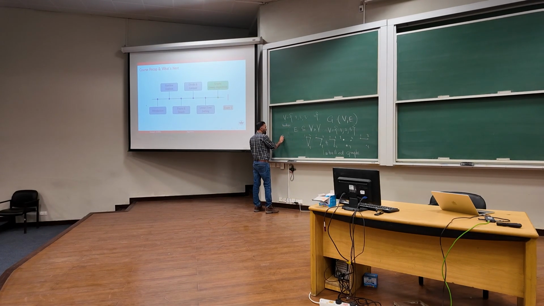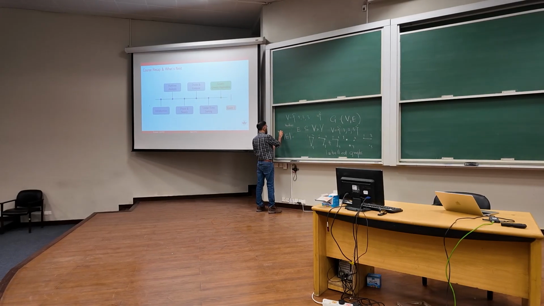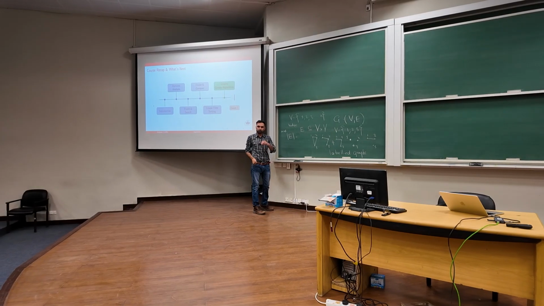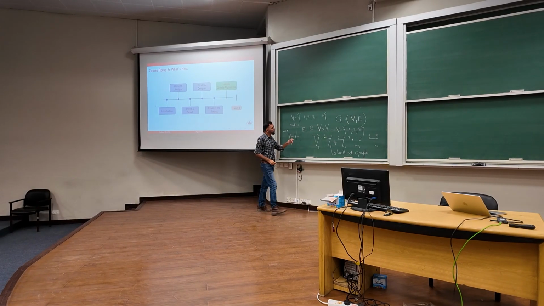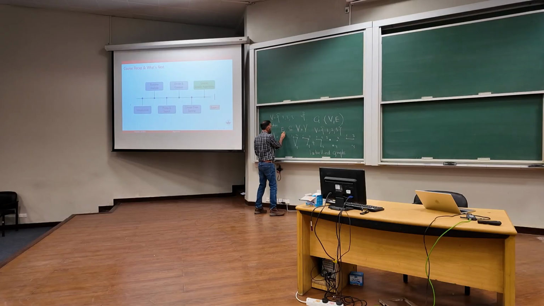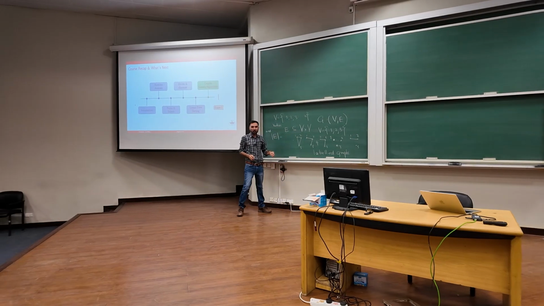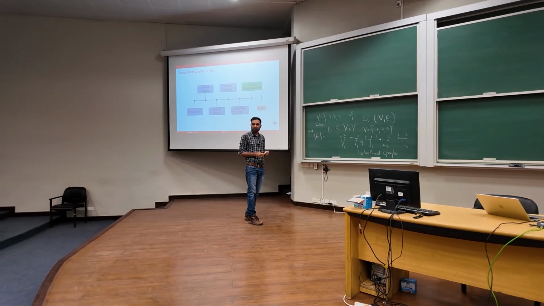So the maximum number of edges that you can have depends on how you define edges. If I define my edges like this, how many edges can I have in a graph?